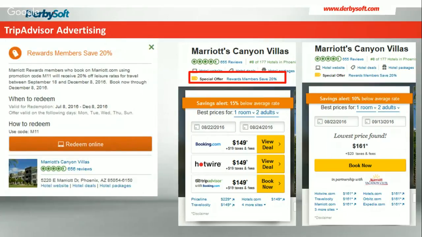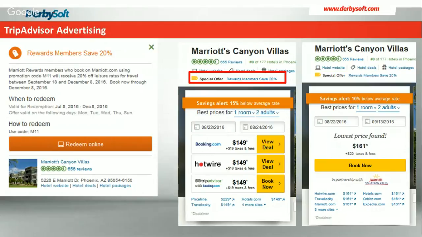So I clicked on one of these, and it brings me to a window that says rewards members save 20%. So we see a lot of this effort in terms of loyalty programs where we're trying to collect that data, trying to get that traffic and get the membership. And statistically speaking, we know that for a lot of these brands, those membership enrollments have gone up. So it has definitely had an effect on that.